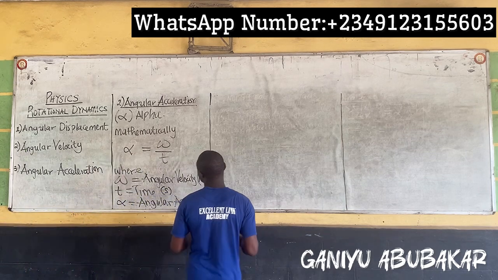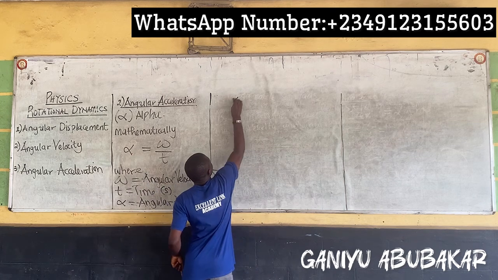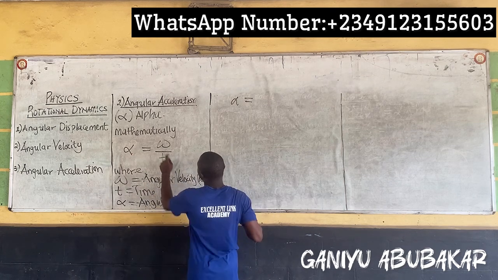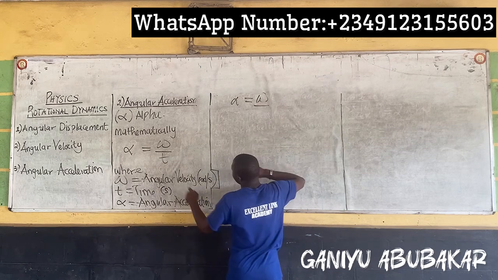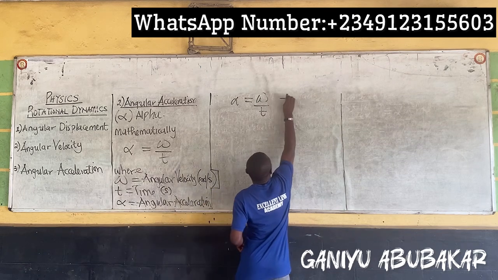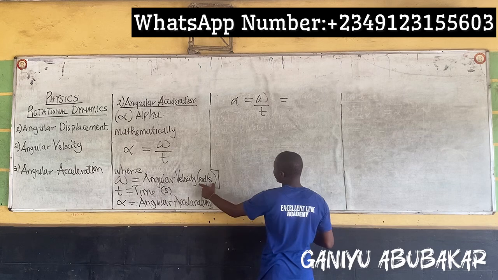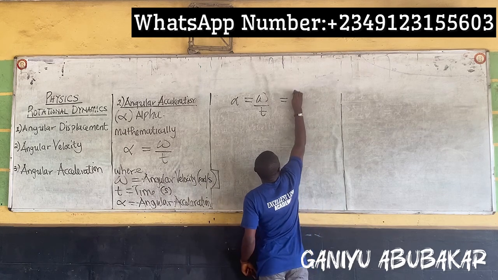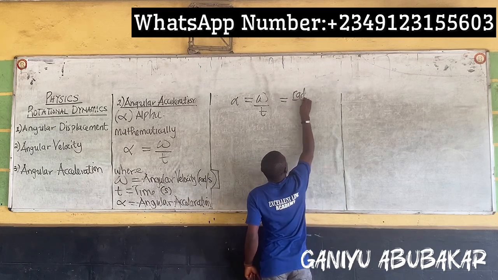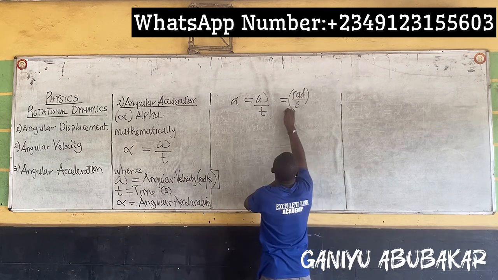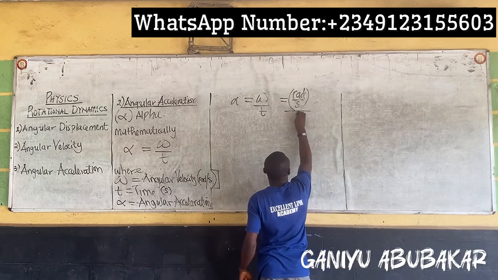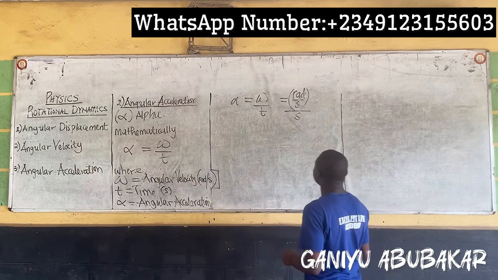So angular acceleration alpha is equal to angular velocity, that's omega, all over t. Omega is measured in rad per second, and t is in seconds. Let's break this down.